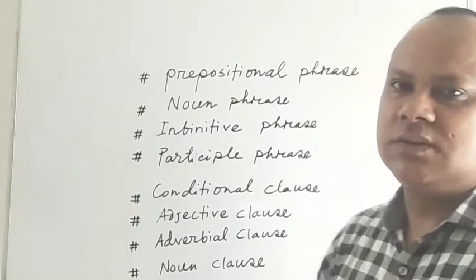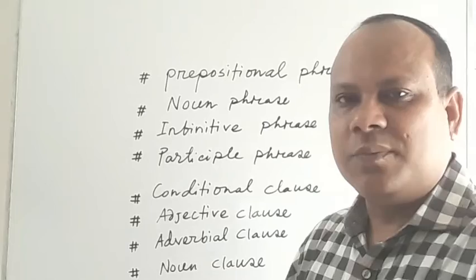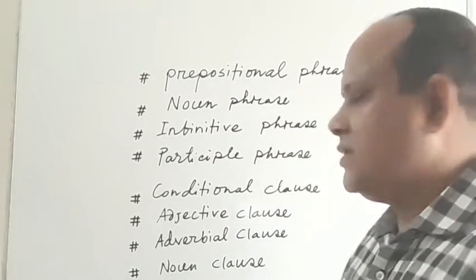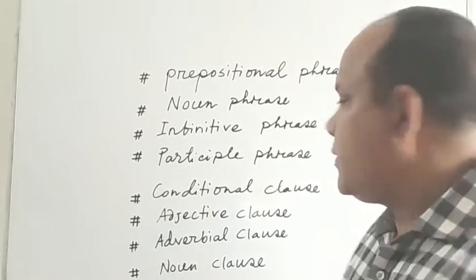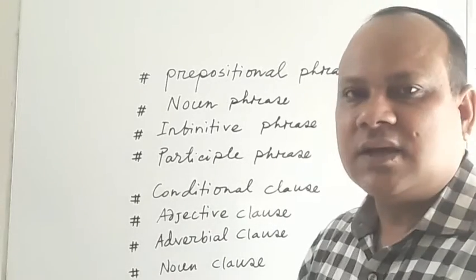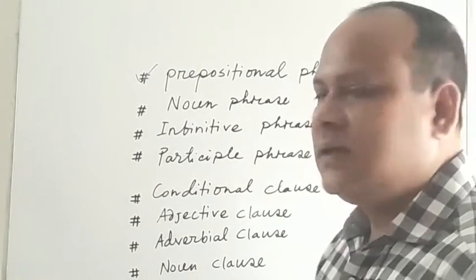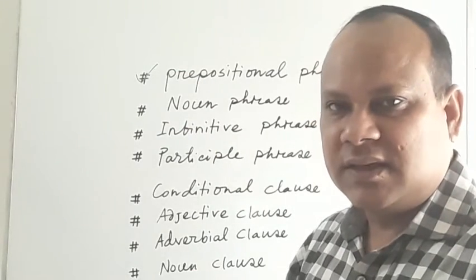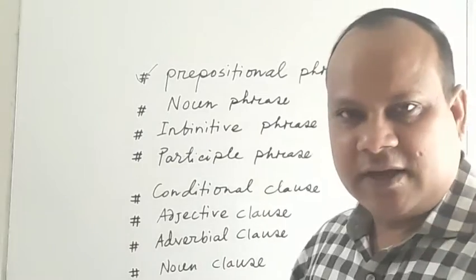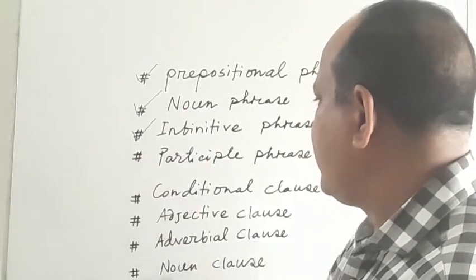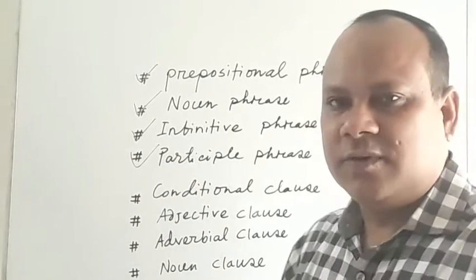My dear students, in order to complete the incomplete sentences, you have to use these types of phrases and clauses. The preferable phrases and clauses are these. Prepositional phrase, noun phrase, infinitive phrase, and participle phrase.